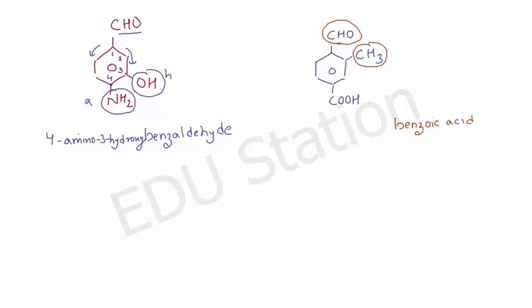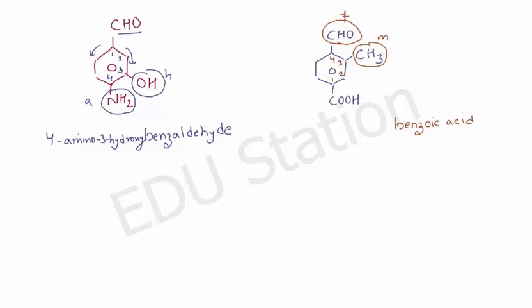The carbon of the ring to which acid is directly connected will be numbered 1. Now you can move in clockwise or anti-clockwise direction. In this, anti-clockwise direction gives you the lowest number. So at 3 and 4 you have two groups attached. Aldehyde, for aldehyde we write formyl. For CH3 we write methyl. F precedes M, so first we write formyl.